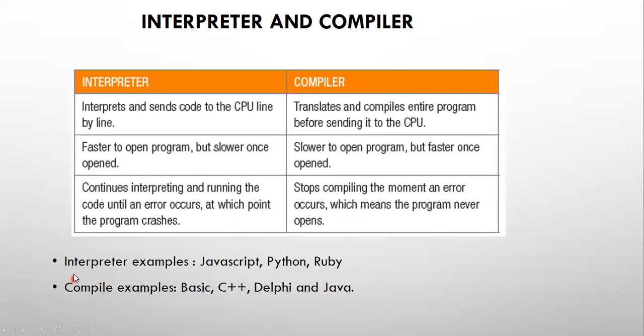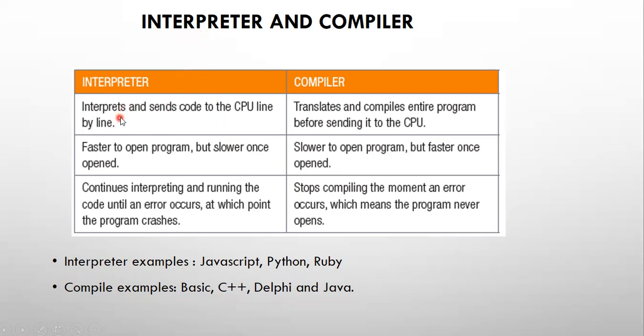All right, so we spoke about interpreter and compiler. And if you look at the bottom here, interpreter examples are JavaScript, Python, and Ruby. And compilers are Basic, C++, Delphi, and Java. So Delphi is a compiler. Now the difference between an interpreter and a compiler: both convert to machine language, but in different ways.